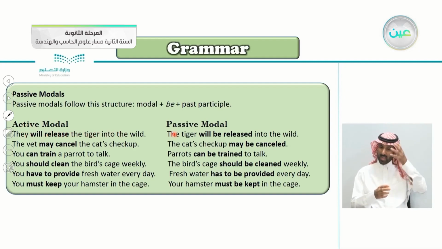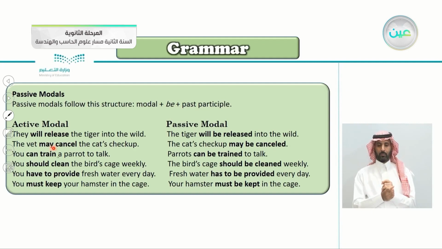So we say the tiger will be released. Will, this is the modal here. Will be, this is it. Released is the past participle of the verb release. Release becomes released into the wild. So the structure of the passive modal consists of three parts: the modal, be, and the past participle.